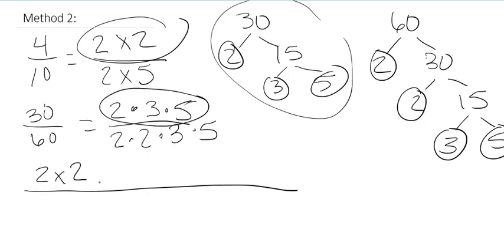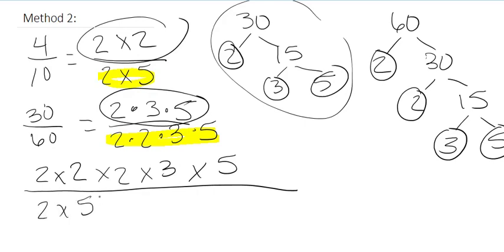Then from the 30, we're going to grab 2 times 3 times 5. Then we're going to grab our denominator numbers. So we have 2 times 5. Then we're going to go to the 60. We're going to grab the 2, 2, 3, 5.